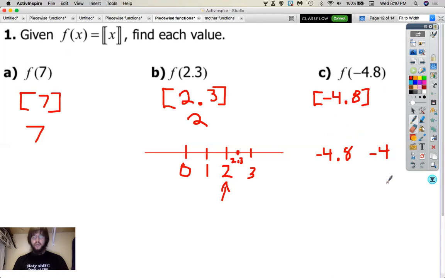Which one's bigger? Negative 4 is bigger, right? Would you rather owe somebody $4.80 or just owe them $4? I like to owe less money. You're more in debt if you're at negative 4.8. So what would the answer be?